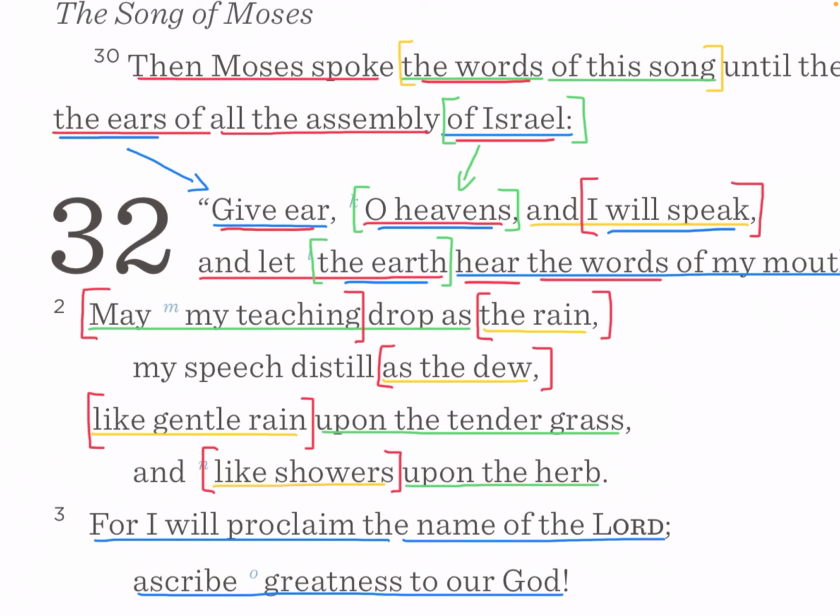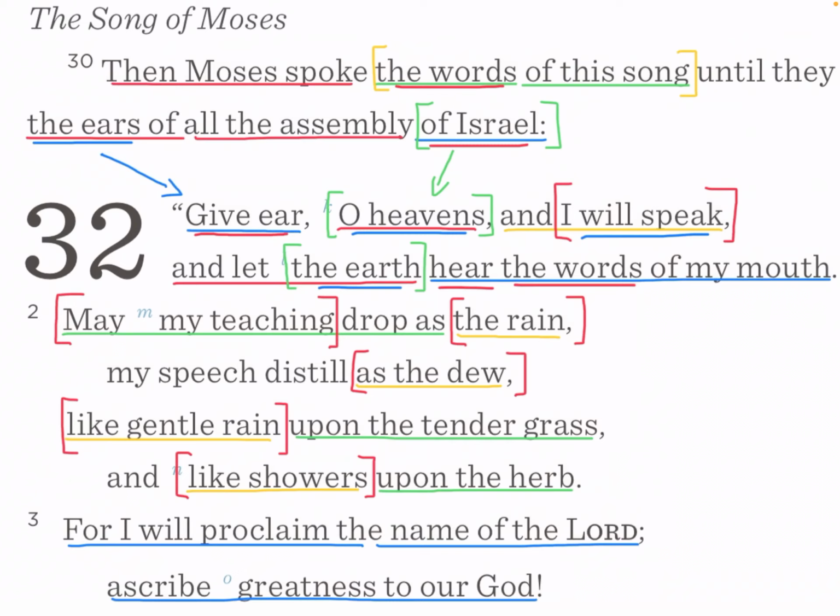The words of this song, give ear, the ears, O heavens of Israel. And let the earth hear the words of my mouth." And let the earth, Israel, hear the words of this song. So here we have, give ear, hear the words, O heavens and earth, I will speak the words of my mouth, let them hear.